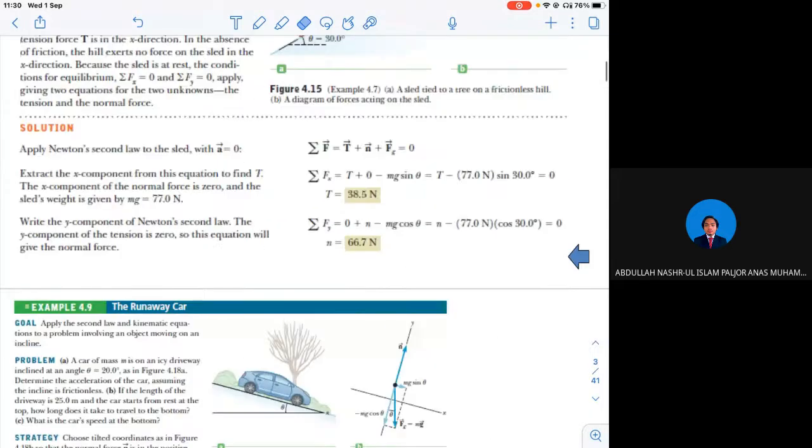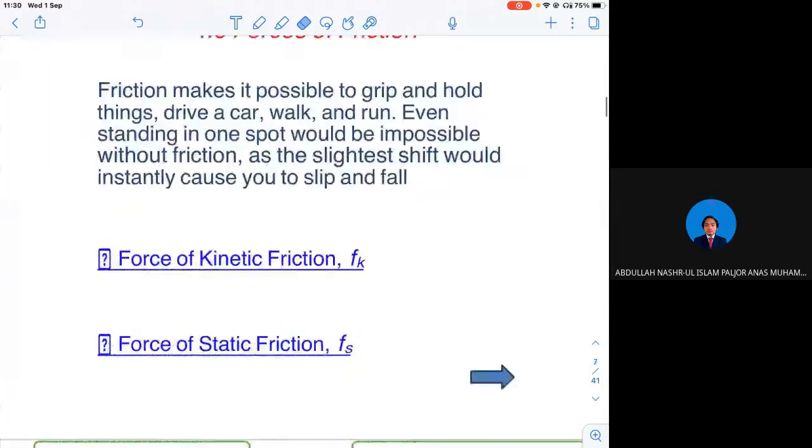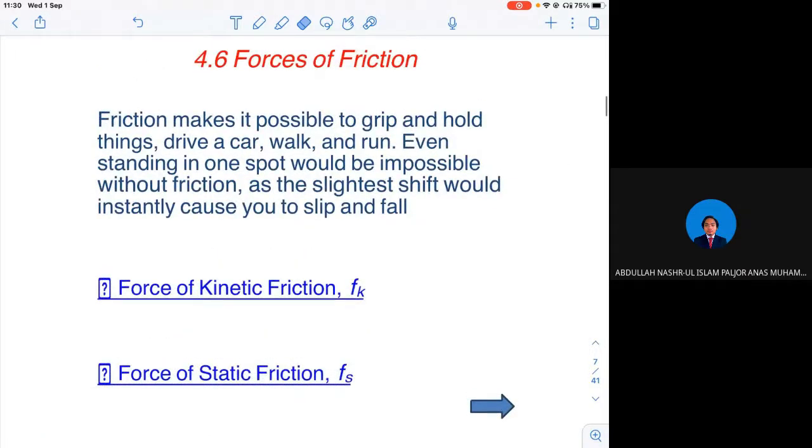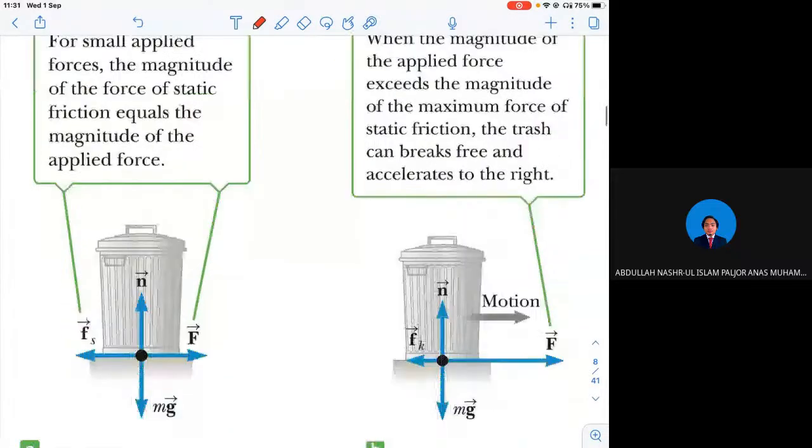We have already discussed all of these examples, but this one we want to go further in terms of Fk, kinetic friction and also static friction. So what is kinetic friction or static friction? Let's look at this example.